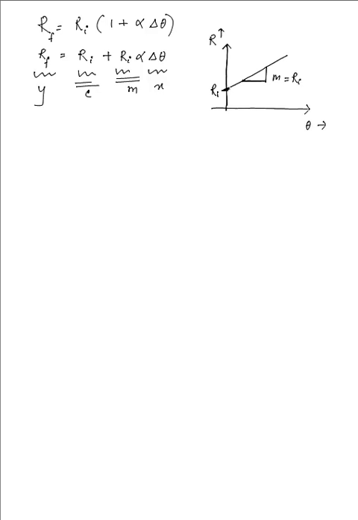M equals Ri times alpha. Knowing the value of Ri, knowing the value of the slope, one can obtain the temperature coefficient of resistance from this graph. So that is the way to obtain the value of the temperature coefficient of resistance.